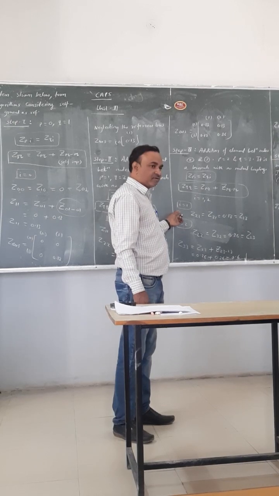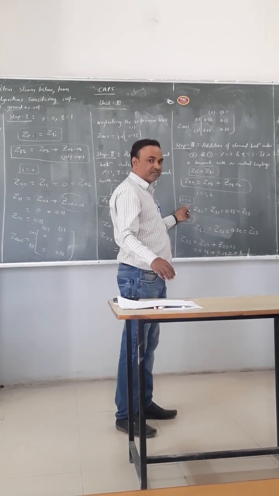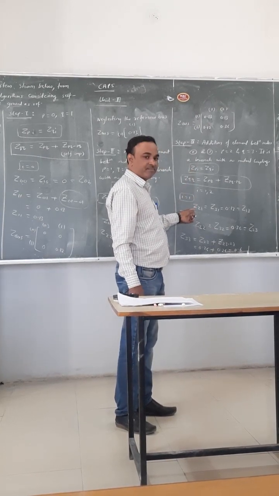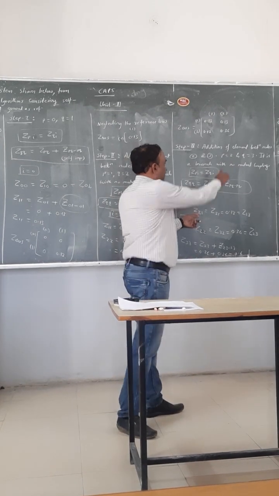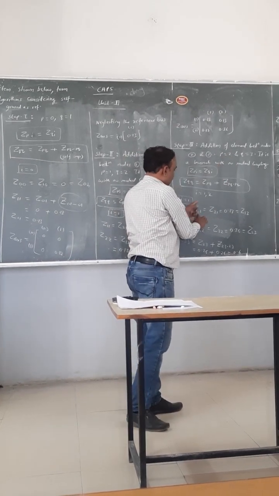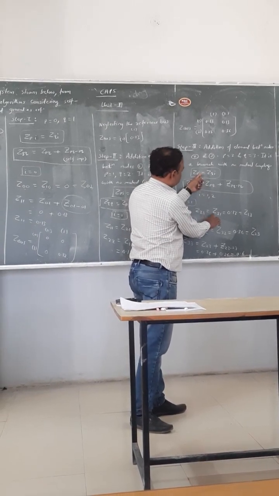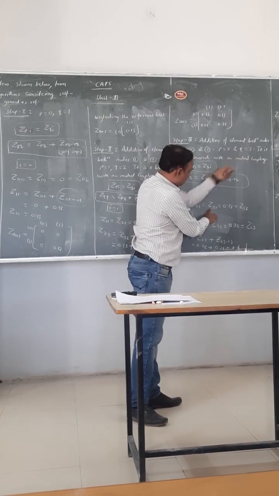First of all we will calculate for I equal to 1. So use this same formula. Z, what is the value of P? 2. What is the value of I? 1. Equal to Z, what is the value of Q? 3.